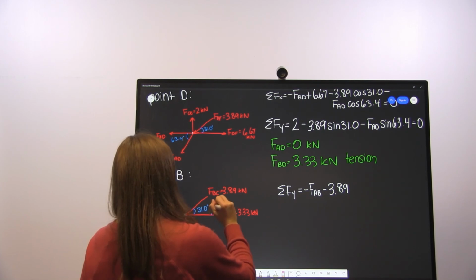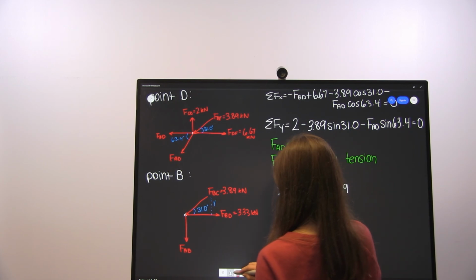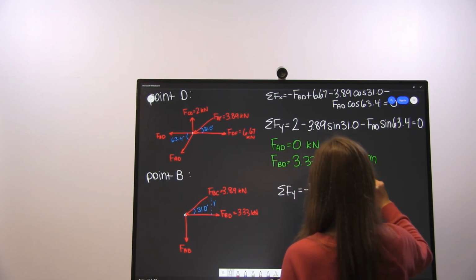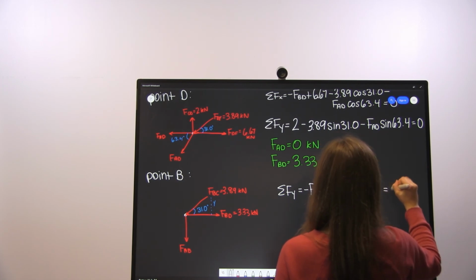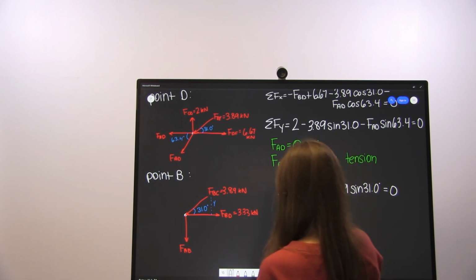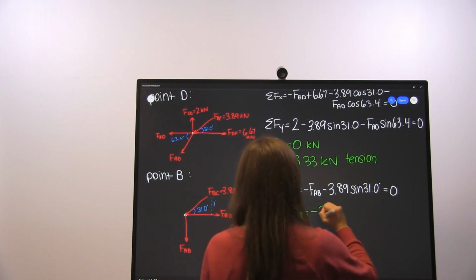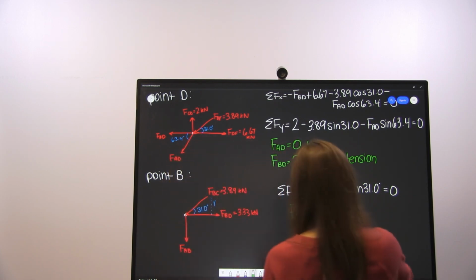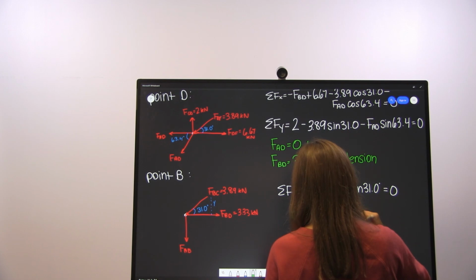So that's going to be our 3.89 times sine of 31.0 degrees equals 0. And we're going to get force AB is equal to negative 2 kilonewtons. And that's compression, that's negative. It's compressing downwards.